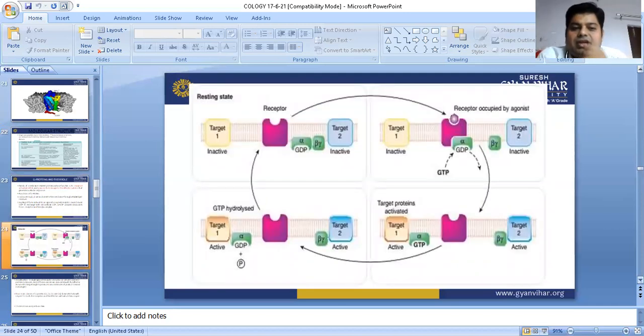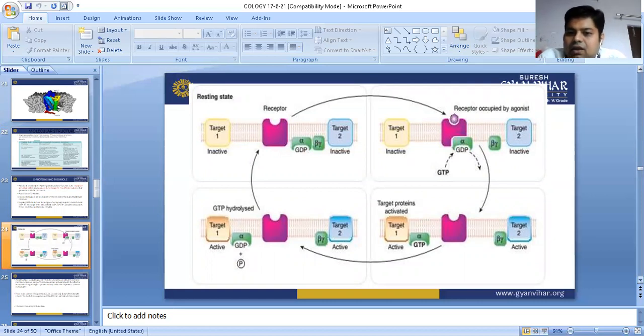Now we can see in this diagram, in the case of the resting state, what would happen when the receptor is not active. We can see the receptor and alpha, beta, gamma, and GDP is bound with the alpha subunit. And when the receptor is going to activate, the GDP is changed into GTP in the second phase.